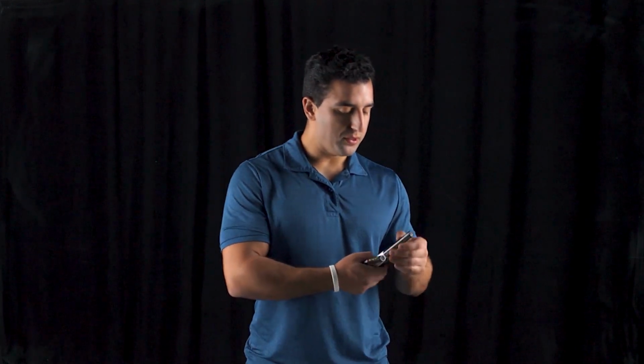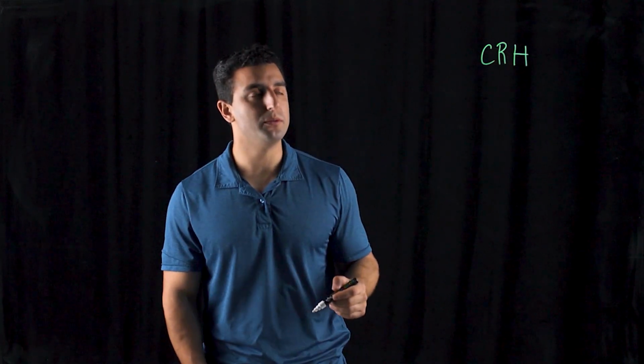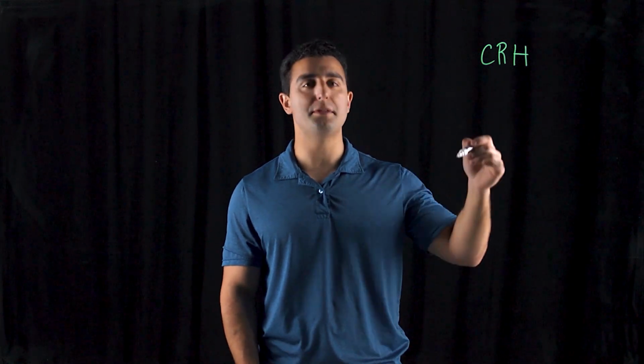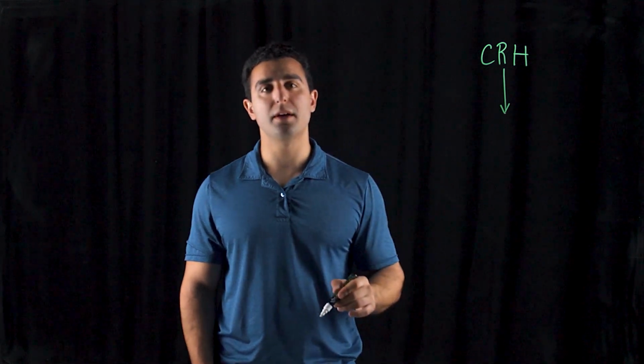And so when we look at the actual mechanism from before of how it's being secreted, you have a hormone from your hypothalamus called CRH, corticotropin releasing hormone, right? Secreted from the hypothalamus that goes through the hypothalamic hypophyseal portal system, right?